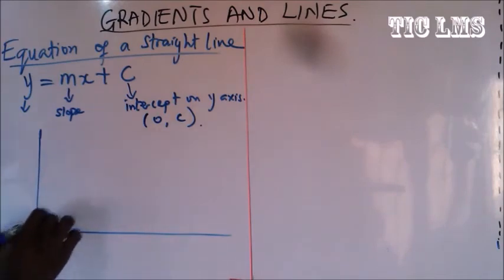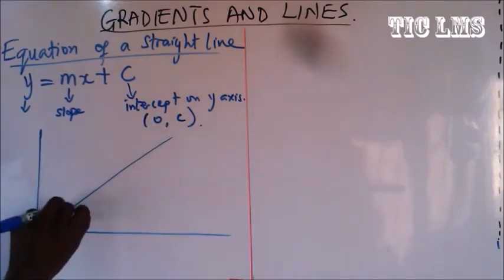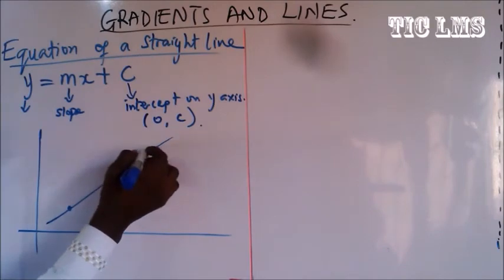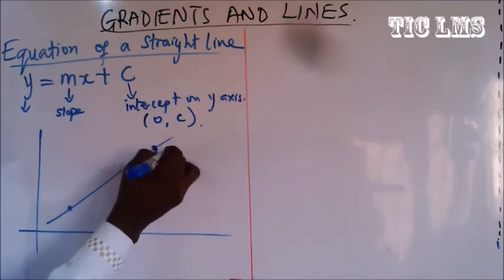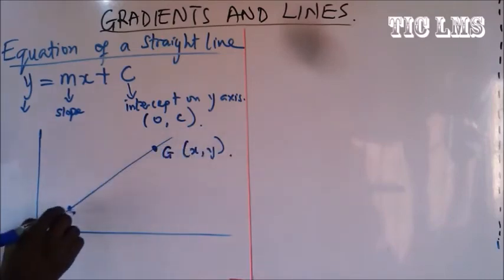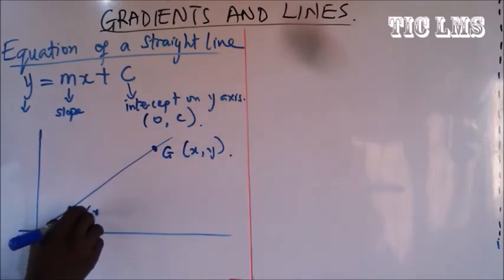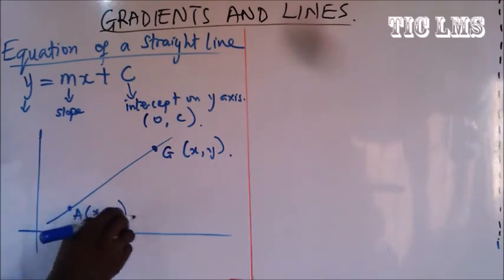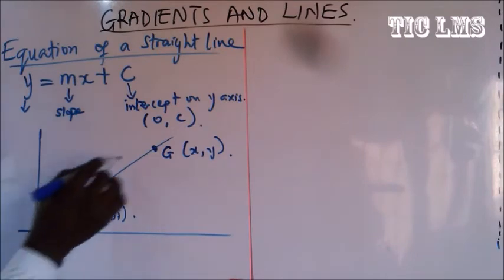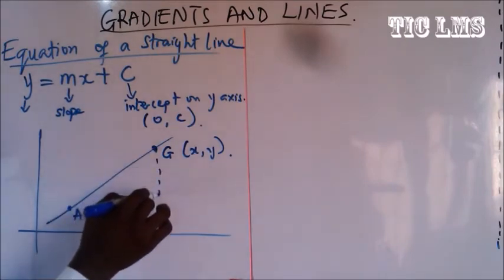Now let us have point A. We want to determine the equation of a line passing through a point from a general point. We'll call this the general point, and we call it xy. This is the general point, and this is point A. This is the point that we want to determine the equation for. To determine this equation, we will first find the gradient.